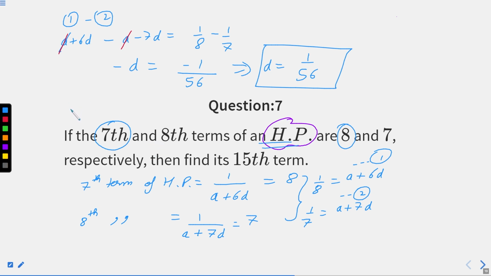So just put the value of D into whichever equation you choose and it will give the value for A. So the value for A equals 1 by 8 minus D. D is given as 1 by 56. Clear?